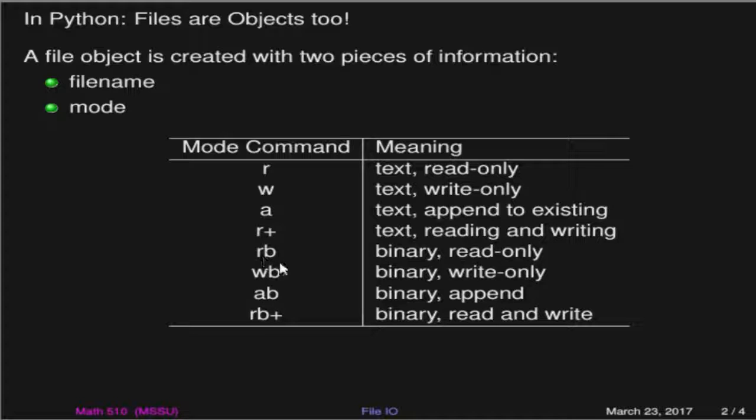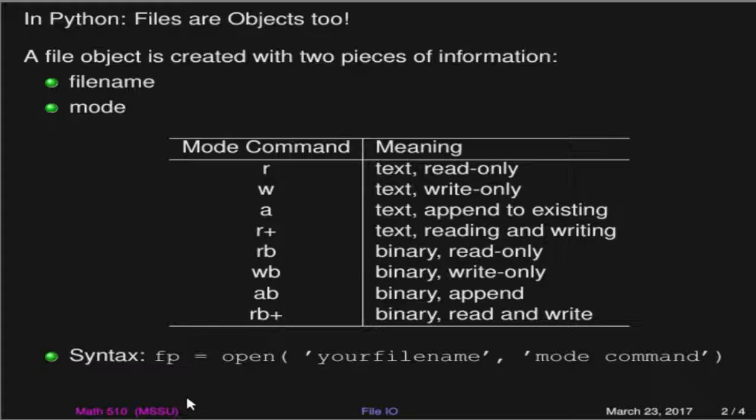So read binary, we're only reading. Write binary, we're only writing. We can append in binary mode, and we can read, write, and append, read, write in binary mode by putting the plus on the end of it. So those are the mode commands that we can issue when we are creating a file.